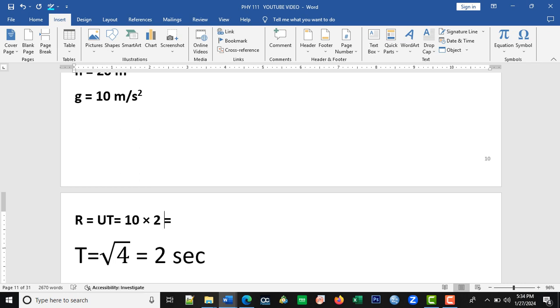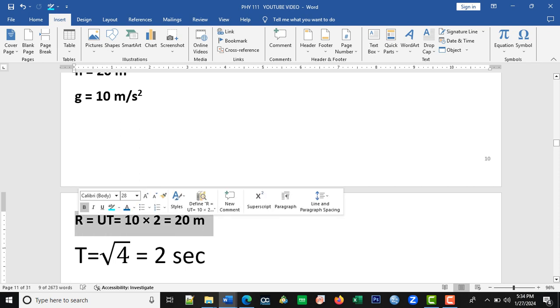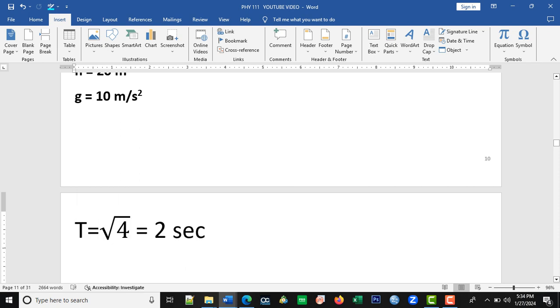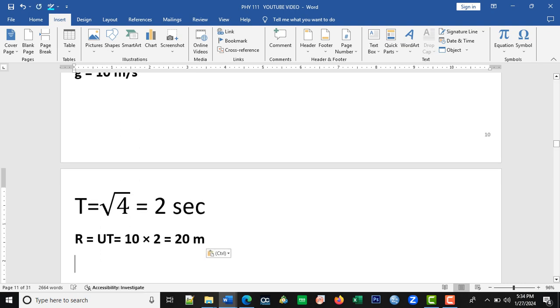So that would give us 10 times 2, 20 meters. Range is measured in meters because it is a horizontal distance. Okay. Let's now move down to the second point.